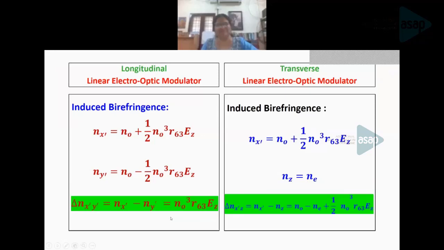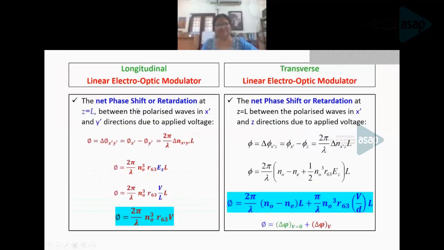Okay, now the induced retardation can be found out as phi equal to delta phi X prime Y prime. That is delta phi X prime minus delta phi Y prime is the phase shift or retardation, which is equal to the phase difference that can be estimated using the equation 2 pi by lambda into the change in the refractive index into the length of the medium.